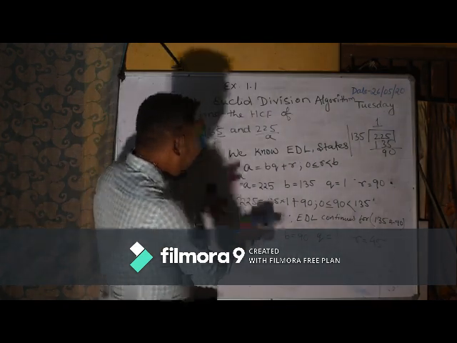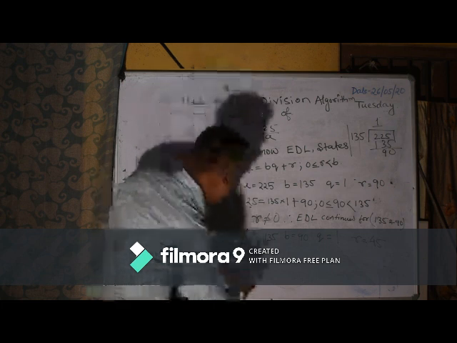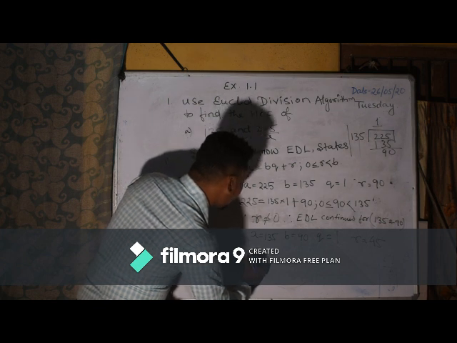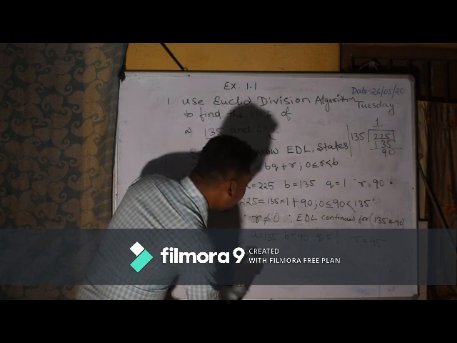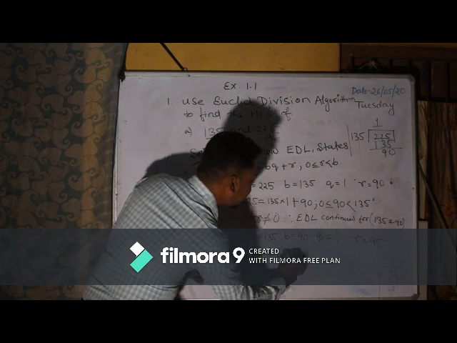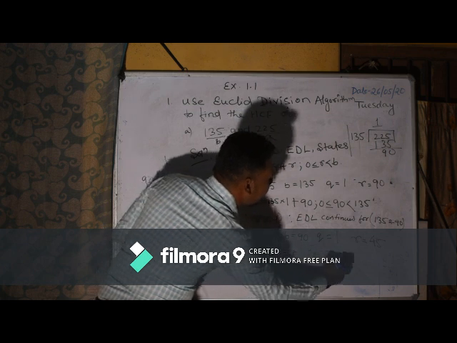Now again, according to Euclid division lemma, a is equal to 135. You can write the formula again. After practicing more and more times, it will become easier and understandable for you.